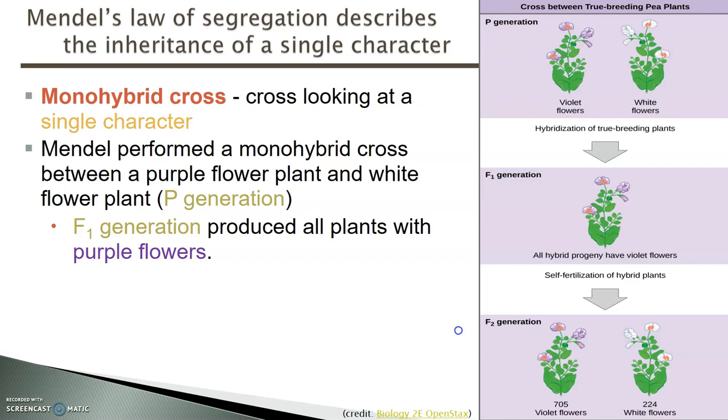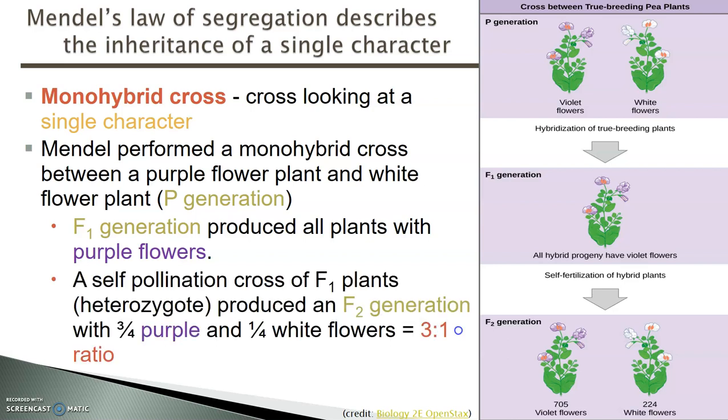Now, this is where that concept in layman's terms of skipping a generation kind of came into play, because everything was purple. But when he allowed for these plants to self-pollinate, meaning that the egg from the purple plant was able to be fertilized by the pollen from the purple flowered plant, the next generation did see these white flowers appear.